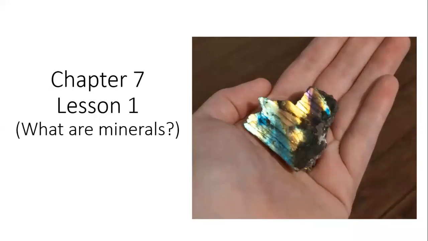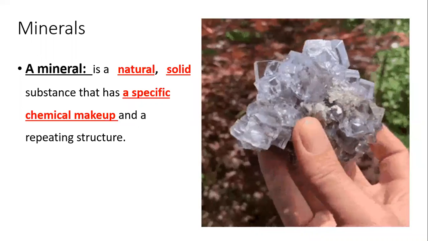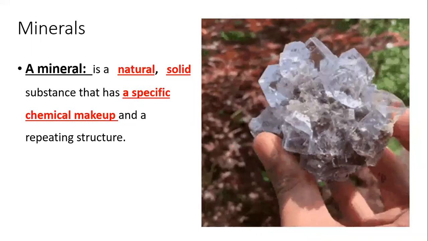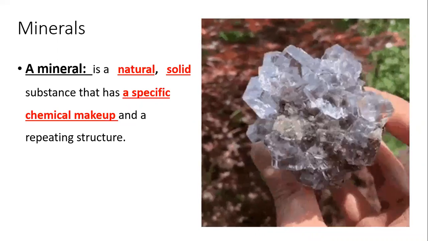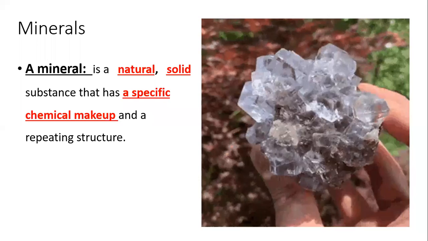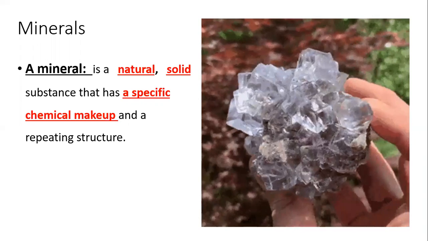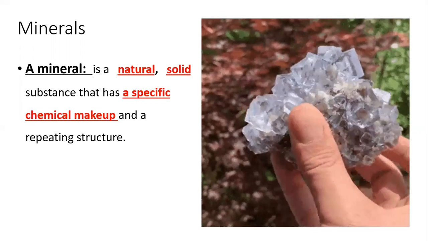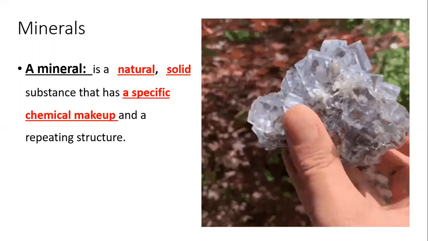So yesterday, Abdulrahman, we jumped into chapter 7, lesson 1. What are minerals? We learned that minerals are natural solid materials found in nature, not man-made, and each mineral has its own chemical makeup, its own components that make it.